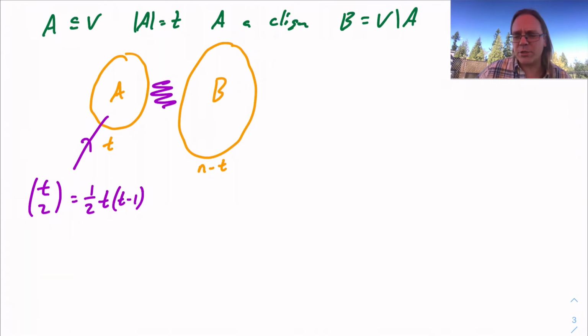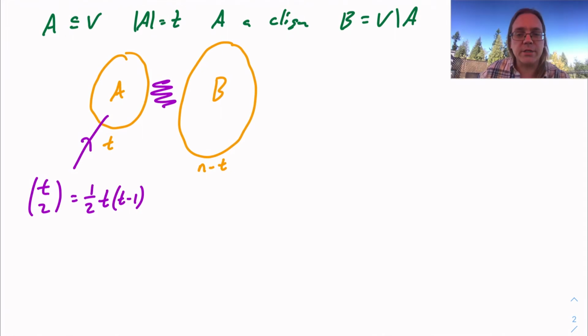Now, how about these edges between A and B? Well, I claim that every vertex in B must be not adjacent to at least one of the vertices in A. In other words, you cannot have a vertex in B that's joined to every vertex in A. It might be worth stopping to think for a moment why that's true.